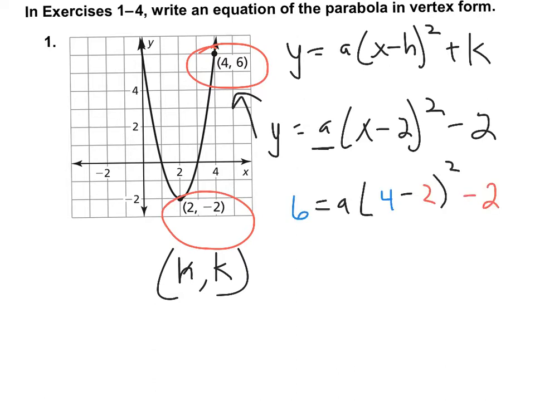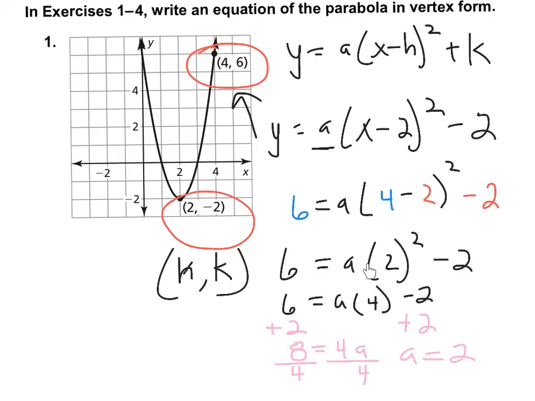When we rewrite this, you'll notice that the items in blue are the point up here. So I changed the x to 4 and the y to 6. And the items in red are the h and the k, so the 2 and the -2. So now I can just do the math here.